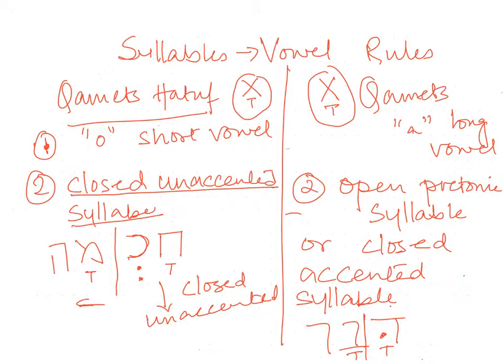To remember that, I've already taught you dabar is the good word. This is an open pretonic syllable, and this is a kamets. Or it comes in a closed accented syllable. Again, the last part, bar, is a closed accented syllable, so that's a kamets. So kamets will occur in an open pretonic syllable or a closed accented syllable. Take a minute to observe this.